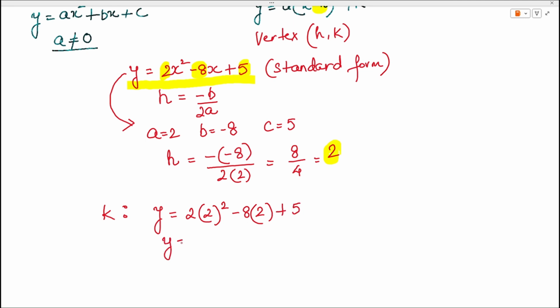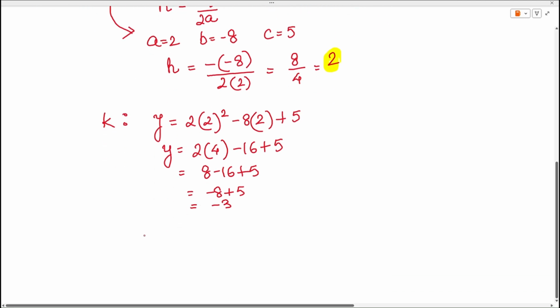So we get y is equal to 2 times 4, which is 8, minus 16 plus 5. This is negative 8 plus 5, so this should be equal to negative 3.